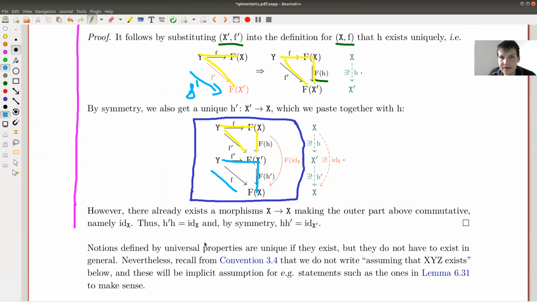But then you have this double triangle-like thing. The yellow one is the one coming from the universal property of X and F, and the blue one is the one coming from the universal property of the prime versions. So paste them together.